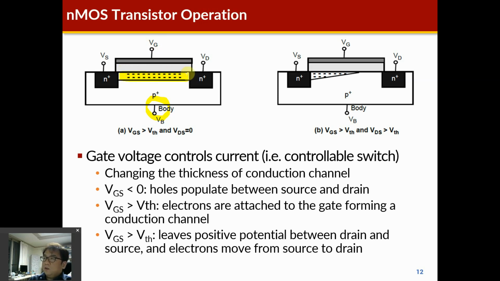A channel is a passage for electrons or holes, and this channel generation is determined by the voltage from gate to body.